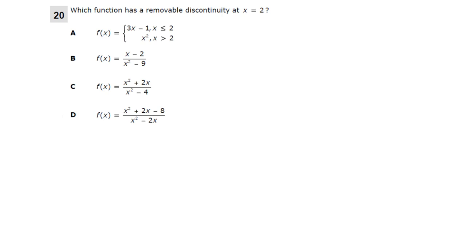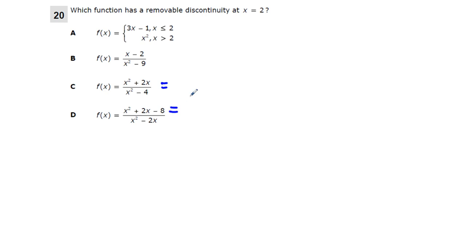20. Which function has a removable discontinuity at x equals 2? We can look at these different options here. This one here might be a jump discontinuity. I'm going to factor these.